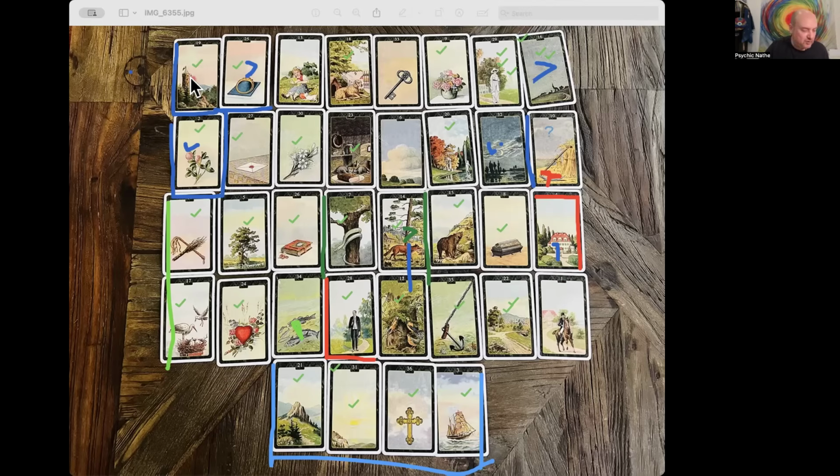Doesn't give you a lot more here other than a sense of wanting the news regarding government, which is not a surprise here. The ring, that's interesting, is in position number two. And position number two is the house of the clover.